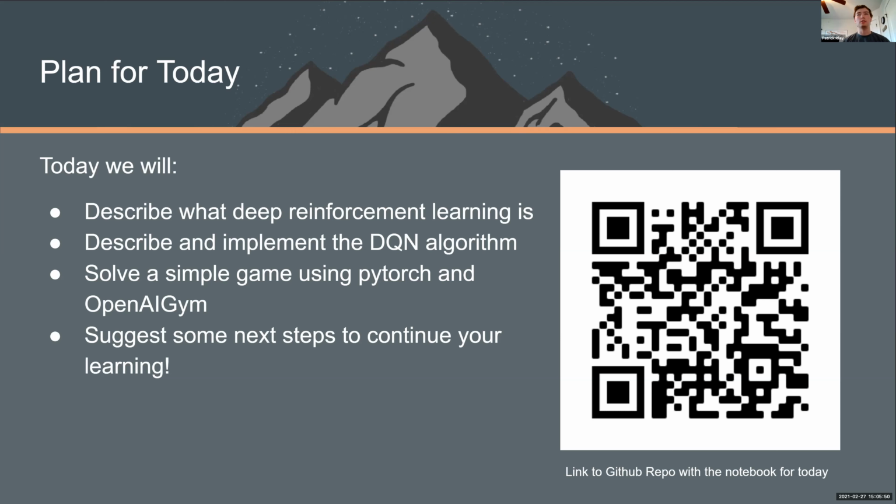It does it really, really well, and lets you focus less on the math behind it and more on how you're designing your models. And then after that, we'll be using PyTorch to solve a short little game that's in OpenAI Gym, and we'll show you what the game looks like. And after that, we'll be suggesting a couple more steps for future learning, and then take any questions you guys might have.